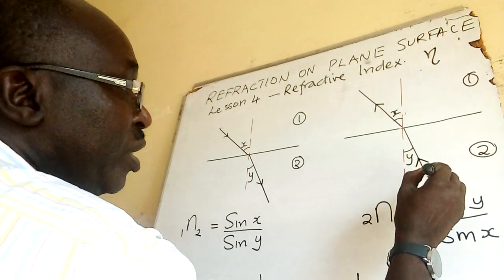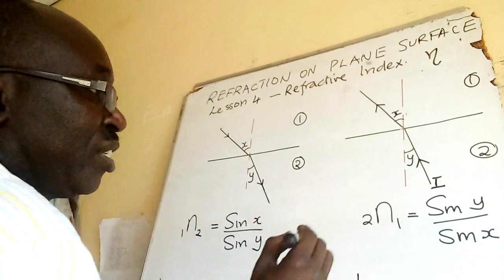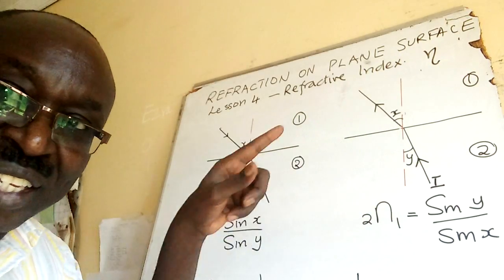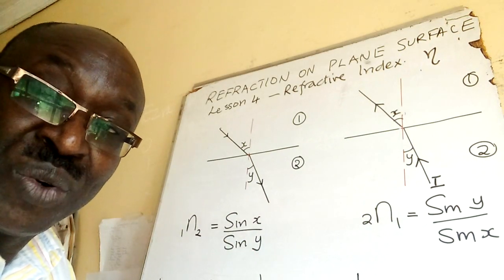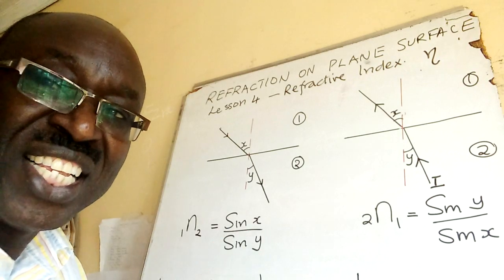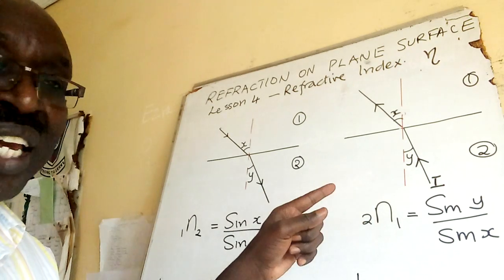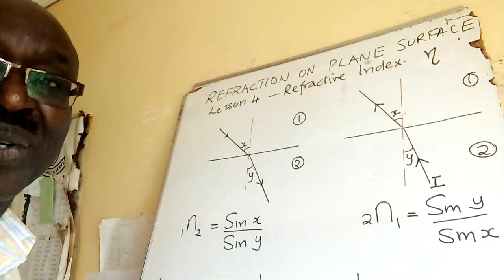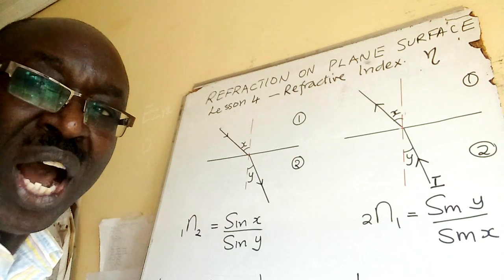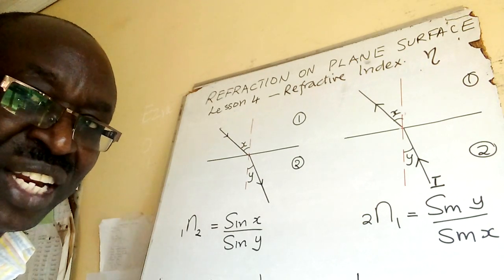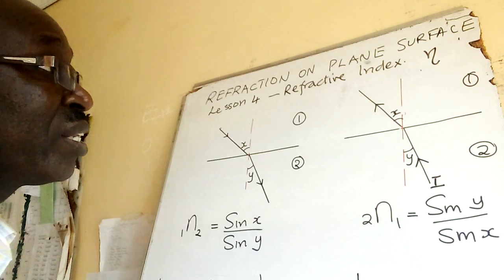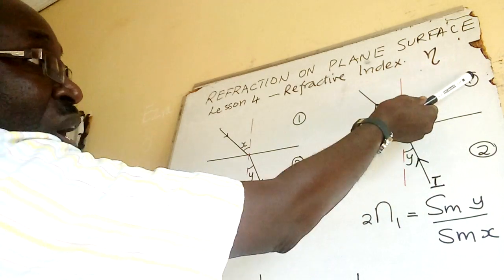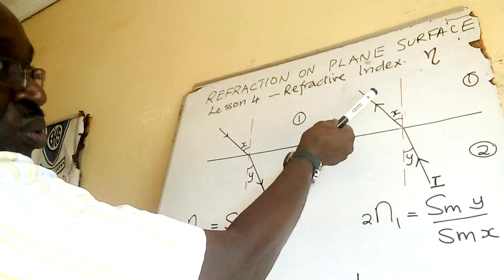The incident ray and normal give you the angle of incidence, in our case Y. And then you go to medium 1 where the ray is traveling to. So remember, it is from 2 to 1. You can see the arrows from 2 to 1.